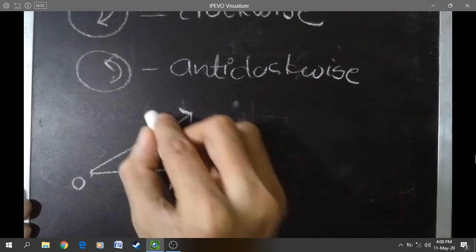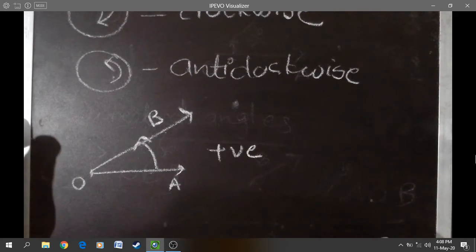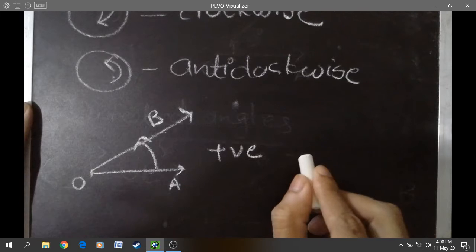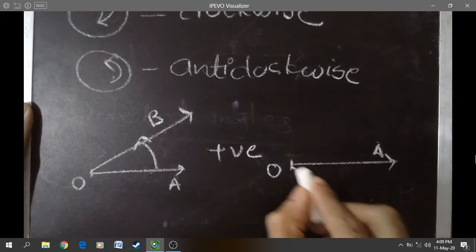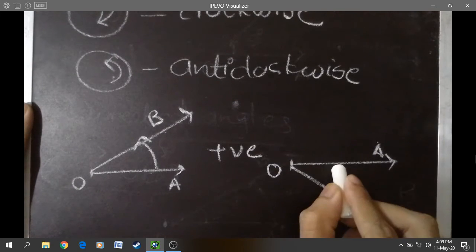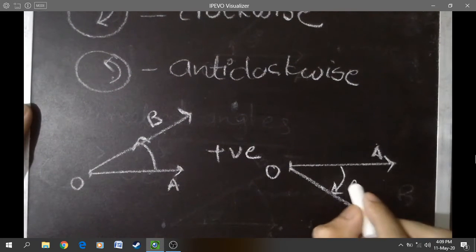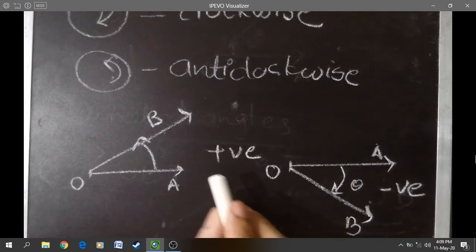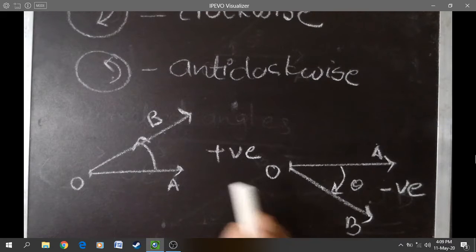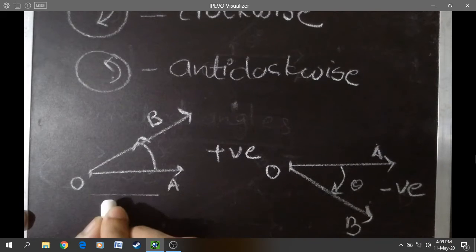And if our ray is rotated clockwise, then it is called negative. The amount can be the same, but the sign differs, because it is the initial arm.